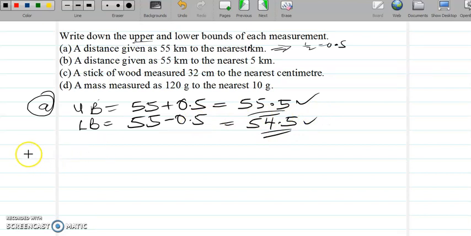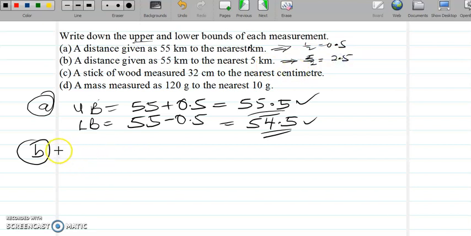Okay, now let's look at the B part. B part says a distance given as 55 kilometers to the nearest 5 kilometers. Then the degree of accuracy is 5 kilometers. So half of 5 kilometers, that's 5 divided by 2, will give us 2.5.